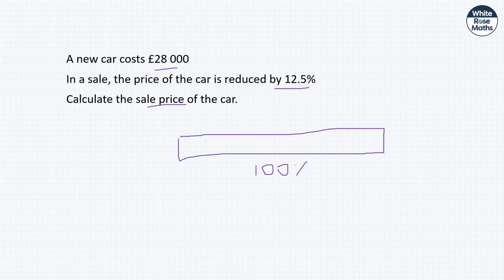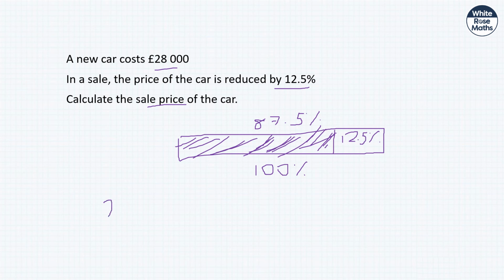I'm taking off 12.5%, which means that the remainder is what I pay. So I'm going to be paying this bit. The remainder is 87.5%. Is that right? Can I just double check? Yes, 100 minus 12.5 is 87.5 percent.